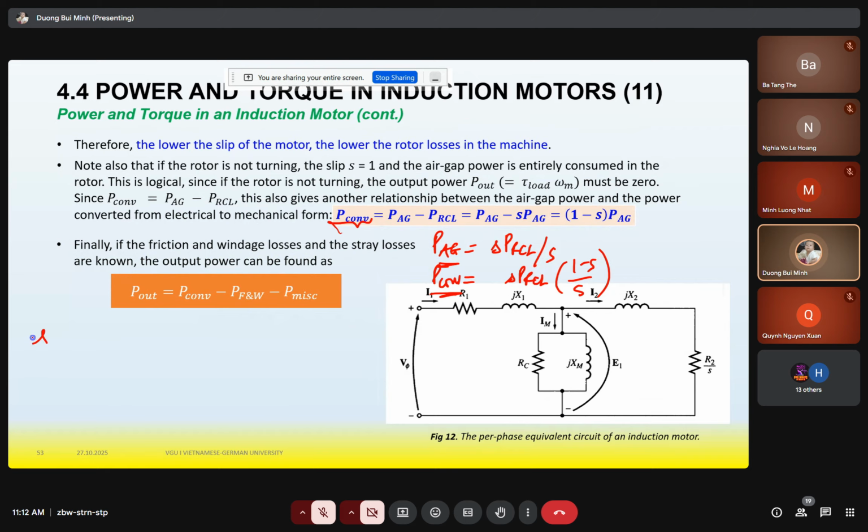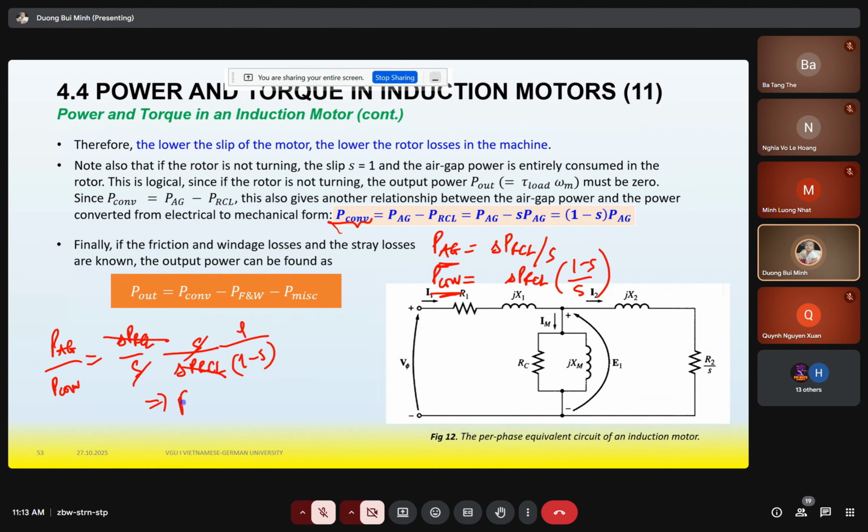If we take P_air gap over P_convert, you can get delta P_RCL over S divided by this one, so we have delta P_RCL times (1 minus S) over S, and you can get 1 over (1 minus S).